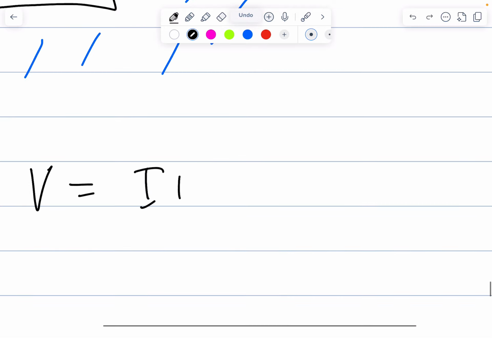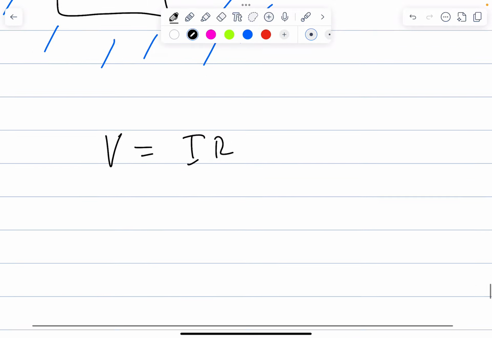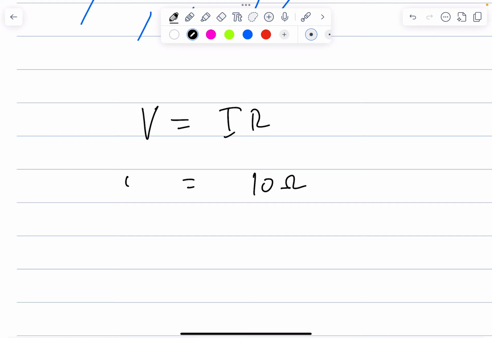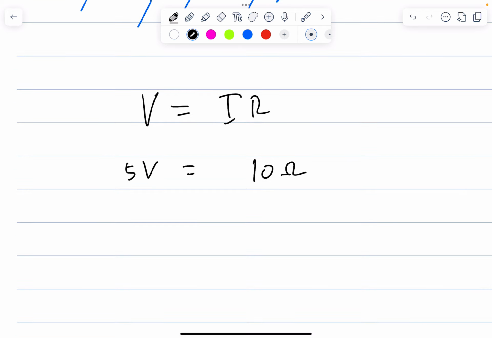So if you have a material that is 10 ohms of resistance and you give it 5 volts, that means only half an amp is able to travel in that given amount of time.